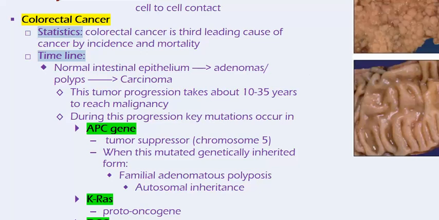And in terms of how frequently people get it, the 3rd highest would be colorectal cancer. Incidence means occurrence, and mortality means how many people die from it.